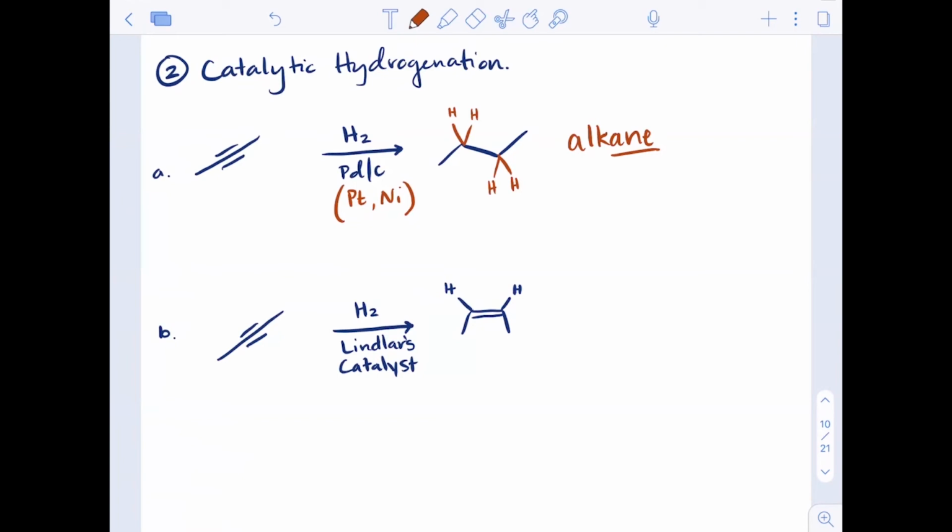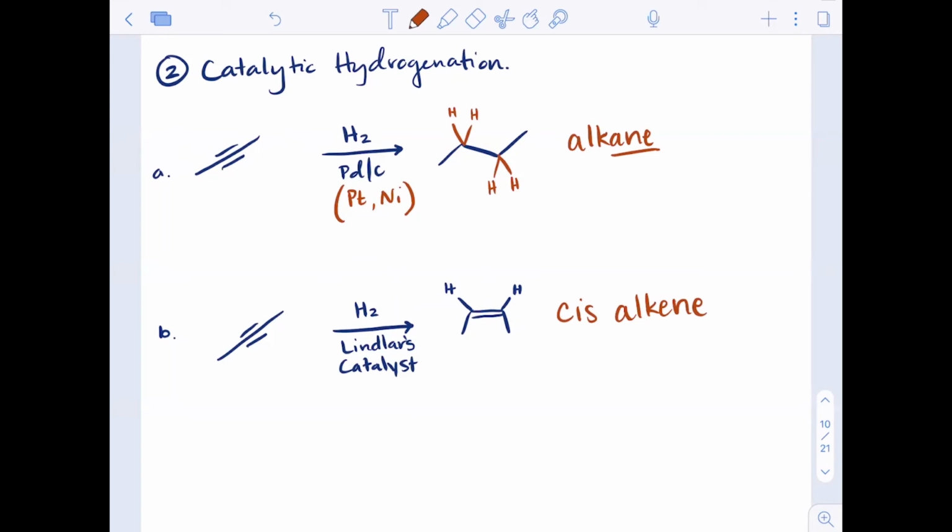Now, say you wanted to do that same concerted reaction that we saw in chapter 8, but you wanted to stop at the halfway point. You wanted to stop here at the cis alkene. Now, remember, hydrogenation of an alkene in chapter 8, using H2 with Pd/C or platinum or nickel, added concertedly, in a cis or syn addition.